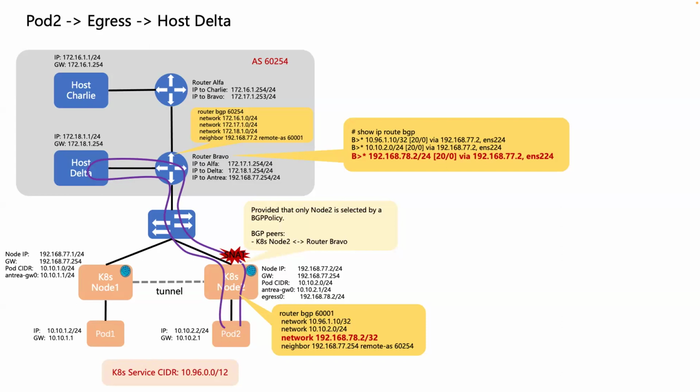I think this also applies to service load balancer IPs with local external traffic policy. They are two different areas, but they need to have some kind of consistency to ensure everything works.